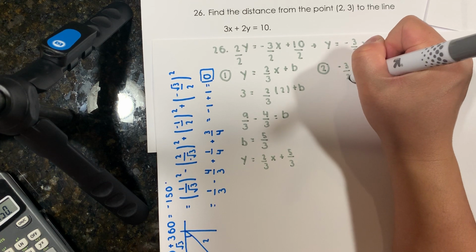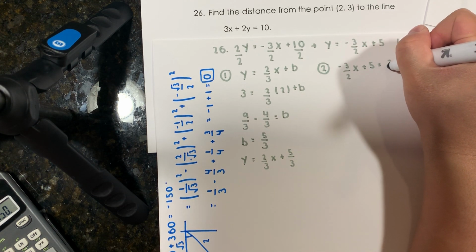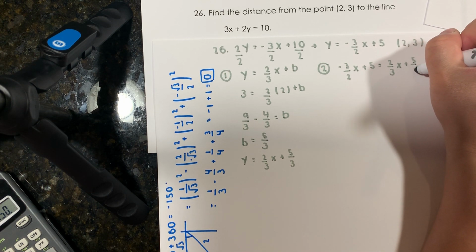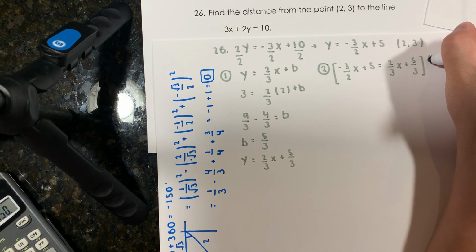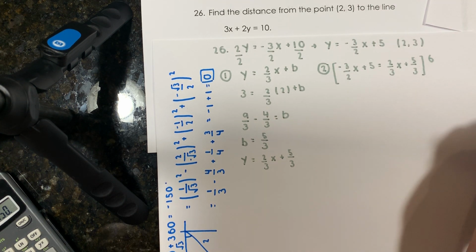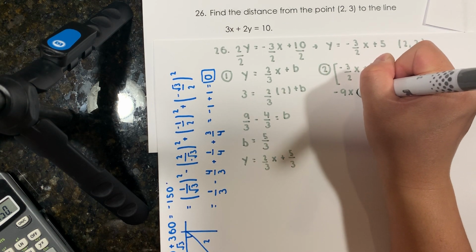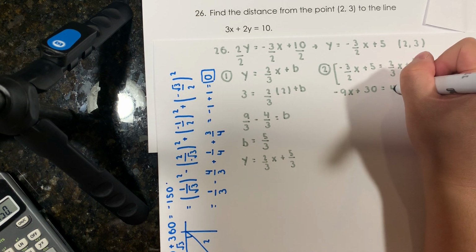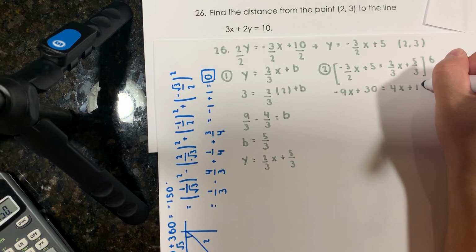So that would be -3/2 x plus 5 is equal to 2/3 x plus 5/3. And I'm going to multiply this whole thing by 6 to get rid of the denominator. So that would be -9x plus 30 equals 4x plus 10.